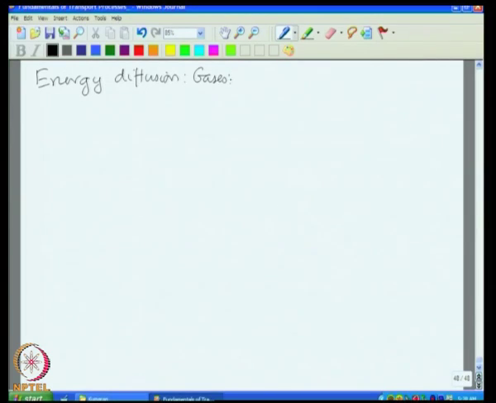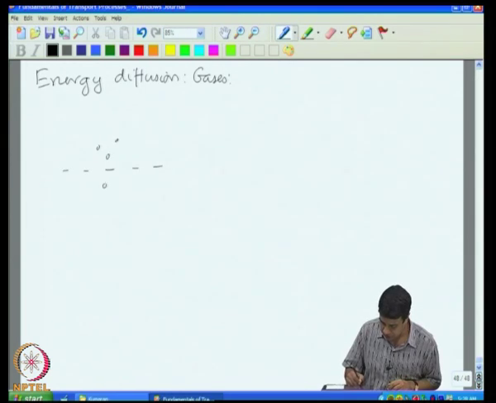The physical mechanism, for gases at least, is the same as the physical mechanism for mass and momentum diffusion. Let us say I had a surface with molecules of a gas all around, each having its own fluctuating velocity.